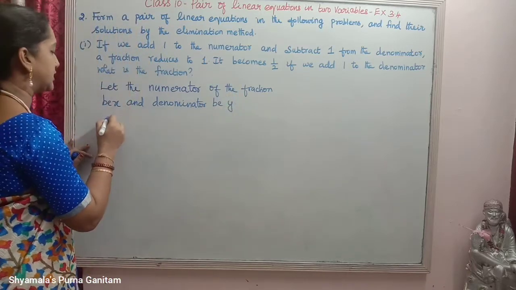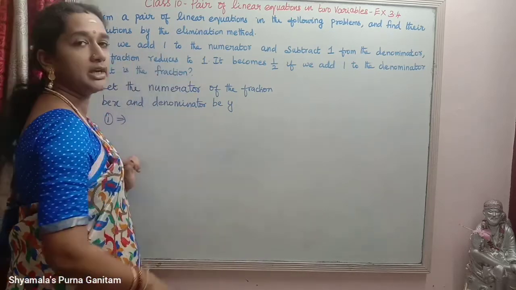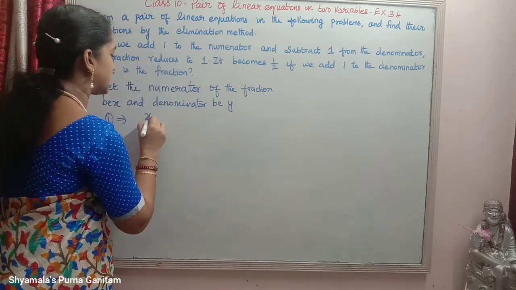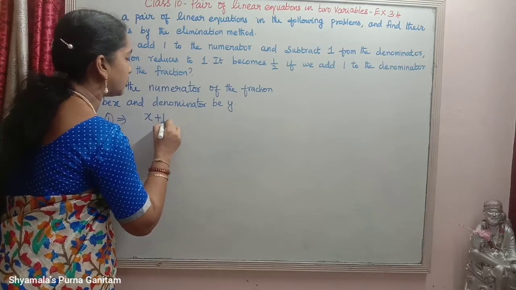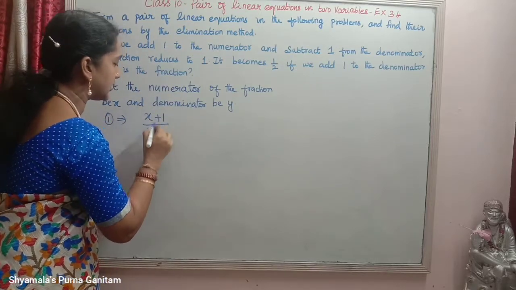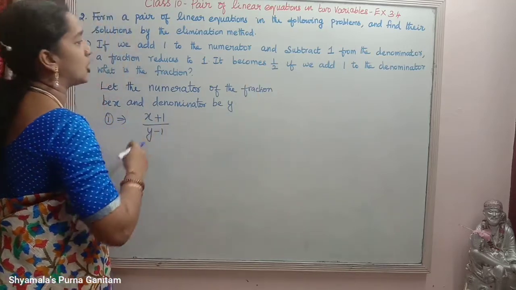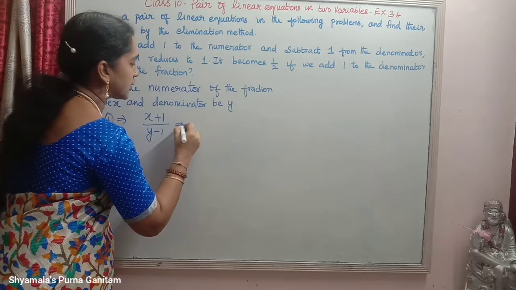So according to the first condition given, if we add 1 to the numerator, so x is the numerator, and subtract 1 from the denominator, so y is the denominator we have taken, the fraction reduces to 1.